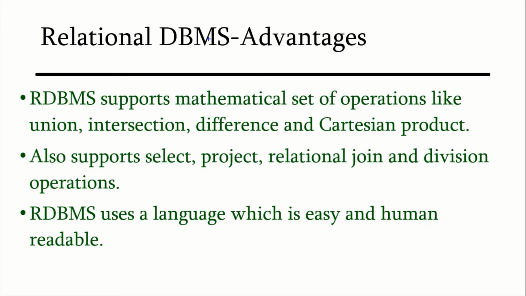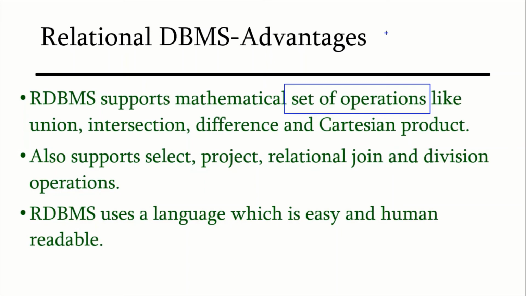Then what are the advantages of relational database management systems? They support set operations. In mathematics we study sets, right? So there we can use union, intersection, difference and Cartesian product.